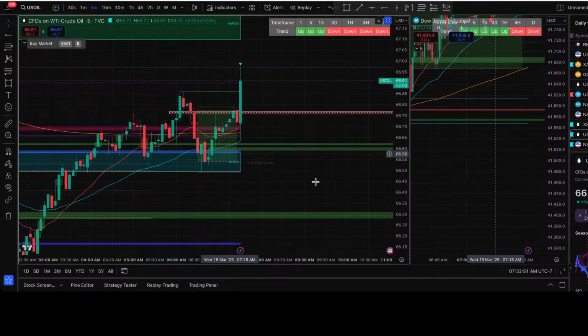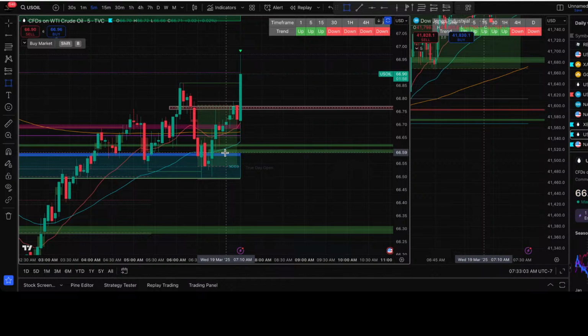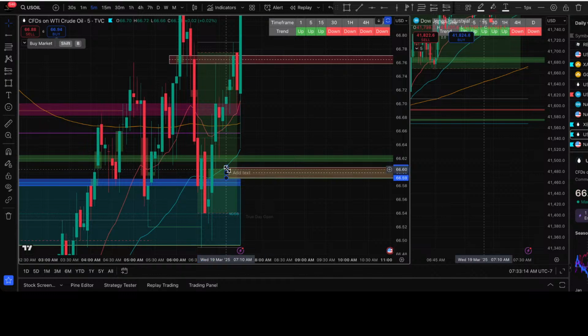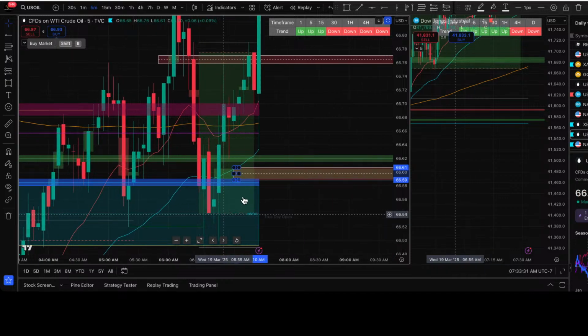So the only fair value gap so far might be created here, but so far the only one is right here, which is also our NYC opening fair value gap. Not hard to see. Got a lot of levels in this area.